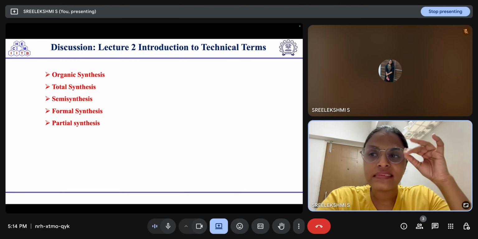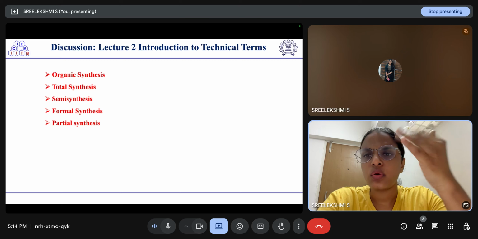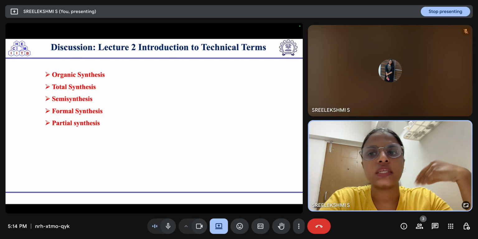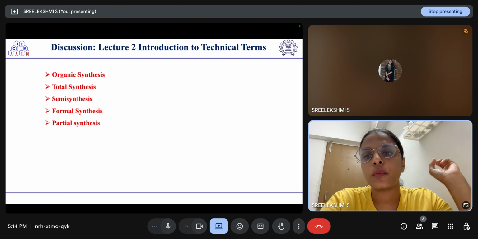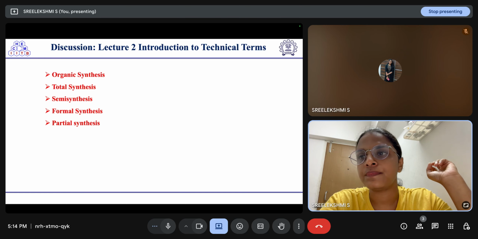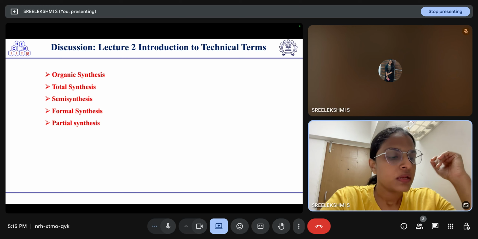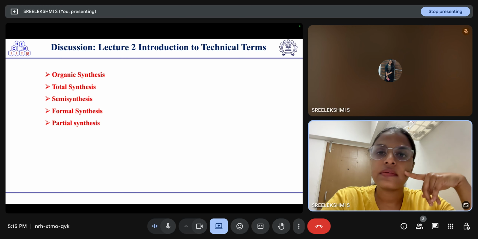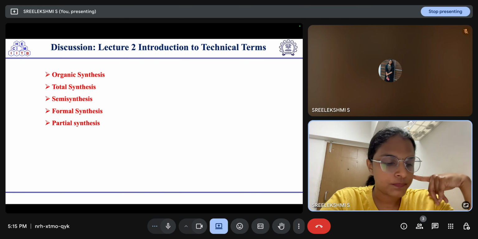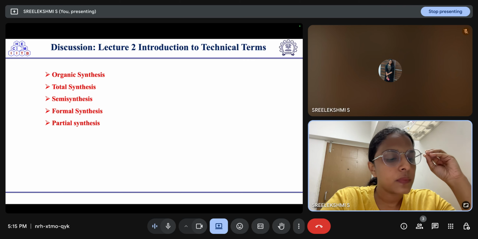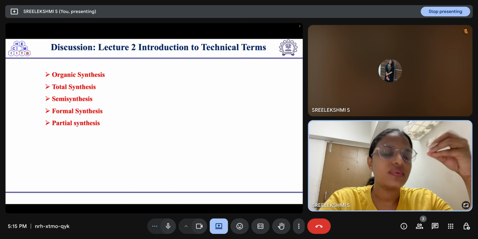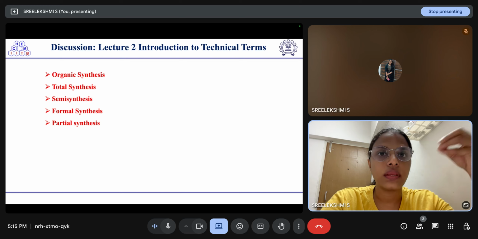Now, we have also seen one or two examples for each of these classifications: total synthesis, semi synthesis, formal synthesis, and partial synthesis. So, for semi synthesis, we have seen Taxol. Taxol is a drug which is used in the treatment of ovarian and breast cancer, and it is isolated from the bark of the Pacific yew tree, which is a very slow growing tree.